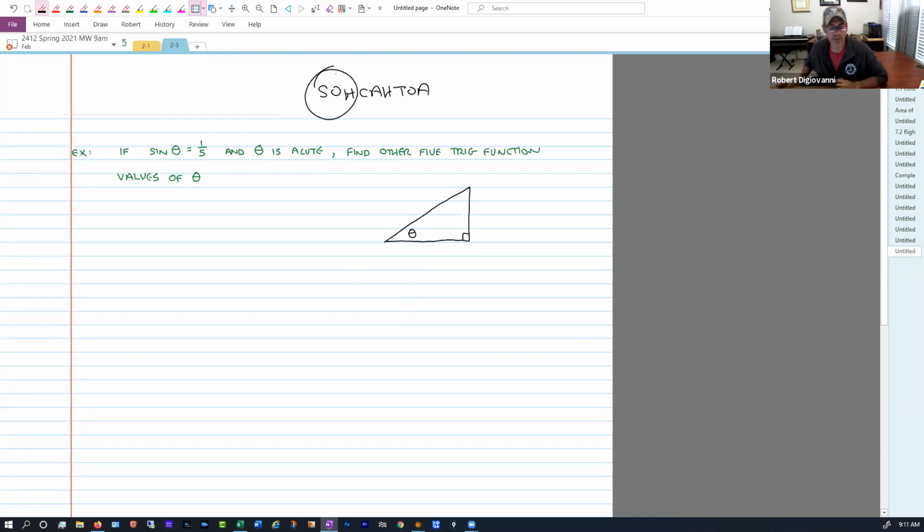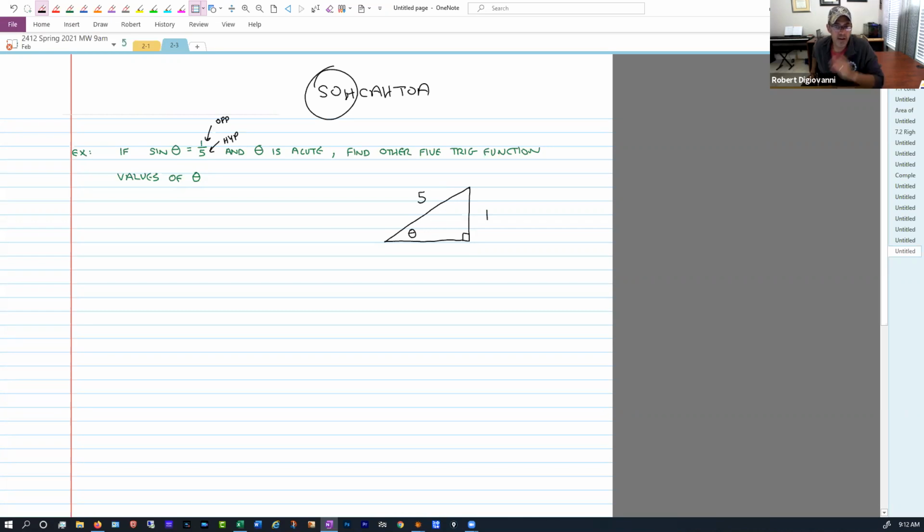Sine is opposite over hypotenuse, right? So that means I could look at the 1 as being the opposite side, and I can look at the 5 as being the hypotenuse of the triangle, because it's a ratio, right? 1/5 is a ratio. So that means I can label the opposite side 1 and the hypotenuse 5.